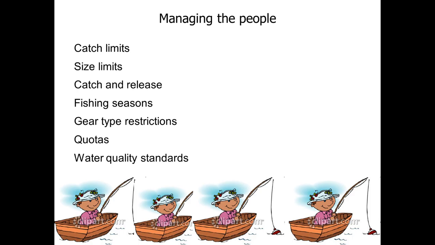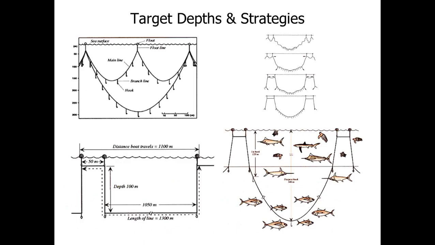So some of those examples are these depths and gear strategies where you can use depth offshore and depth of the lines to target different fish species. If you keep the hooks out of the surface water, you can avoid some of the bycatch that you would get if you left them at the surface.